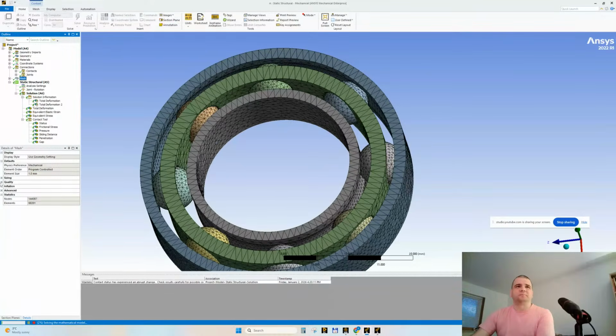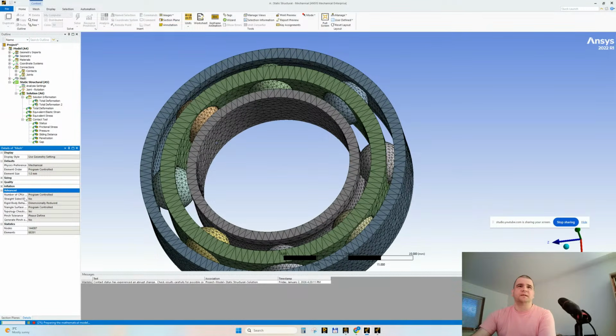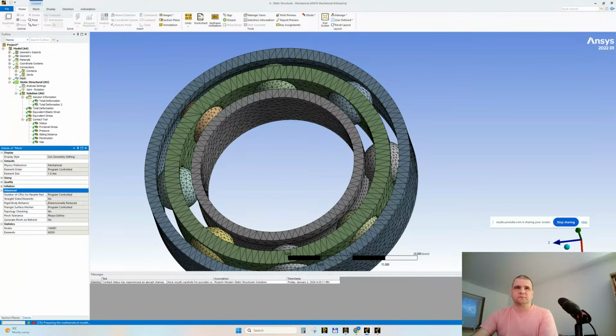We have here, in principle, number of CPUs. So if you want to make it faster, you can select number of cores here. Instead of program controls, you can click here and select many physical cores. From my experience, it doesn't make it faster. I don't know about someone else.